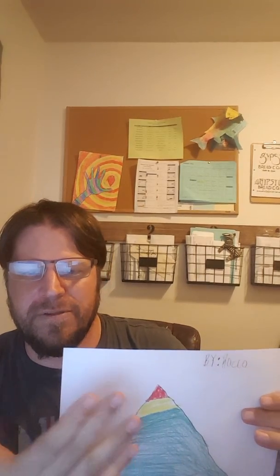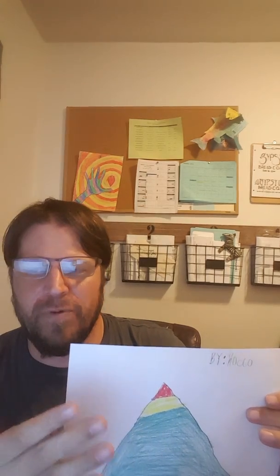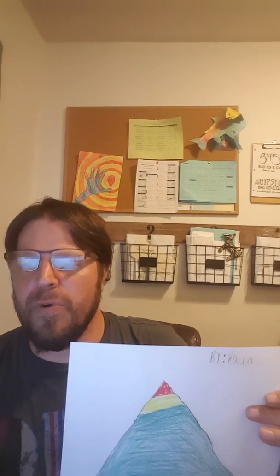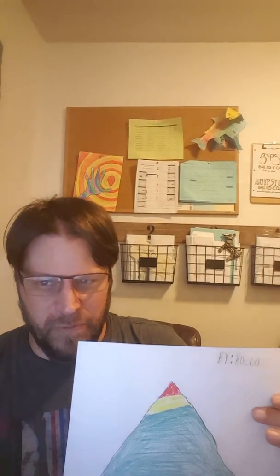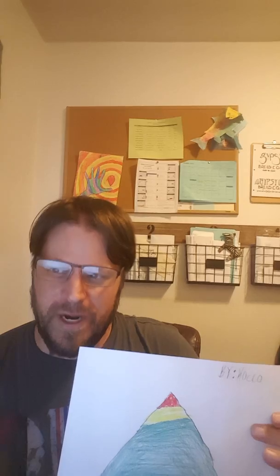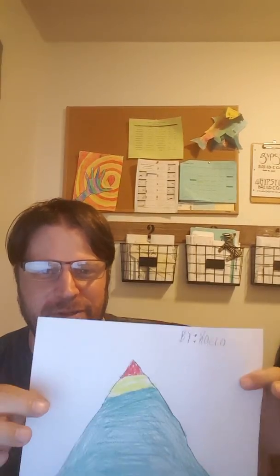The last portion, the red portion of the pyramid, represents those children who, even after receiving the normal course of study and small group instruction, will still require some form of special education support. Thank you, Rocco, for this wonderful drawing that you've given me to help illustrate that.